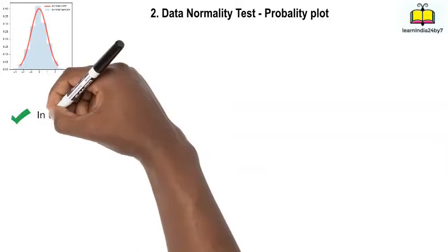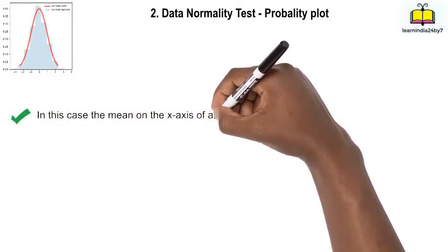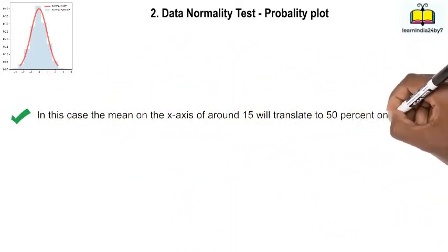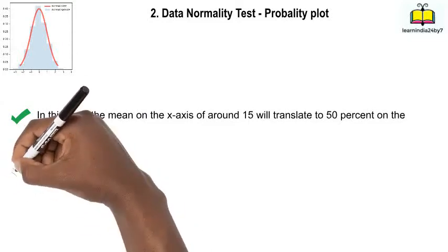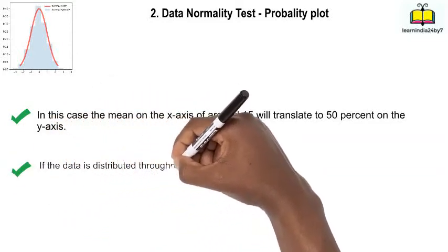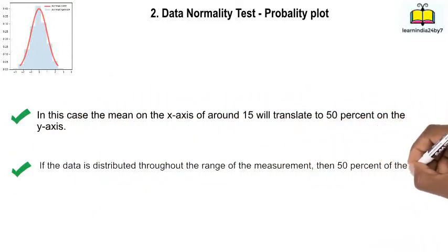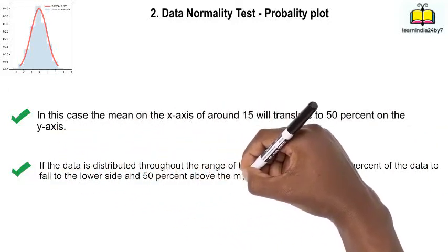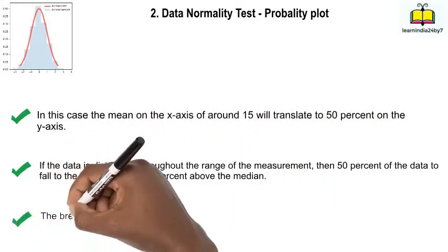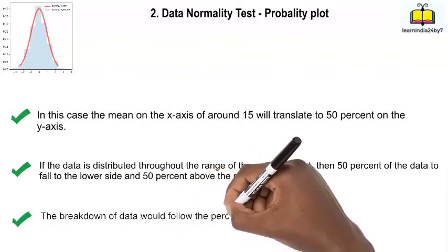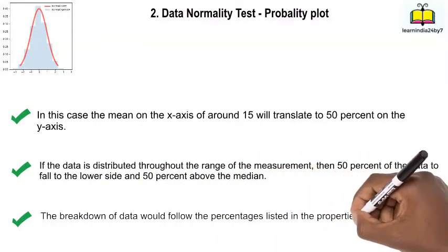In this case, the mean on x-axis of around 15 will translate to 50% on y-axis. And if the data is distributed throughout the sample, then 50% of the data will fall below and above median. The breakdown of data would follow the percentages mentioned in the properties of normal.